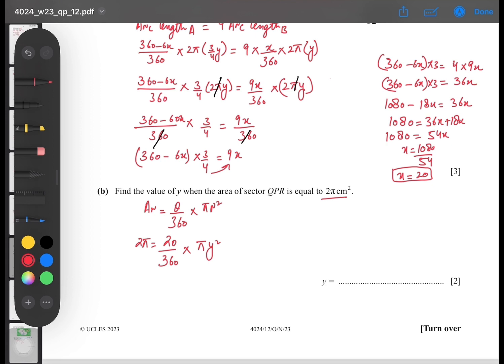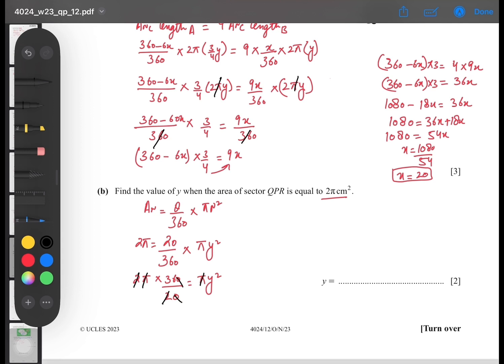So I'm going to shift the numbers, so it will be 2 pi multiplied by 360 divided by 20, and this is pi y square. Pi is coming on both sides, so I will cancel out. I can also cancel 2 and 20, 2 with 2 and 0 with 0.